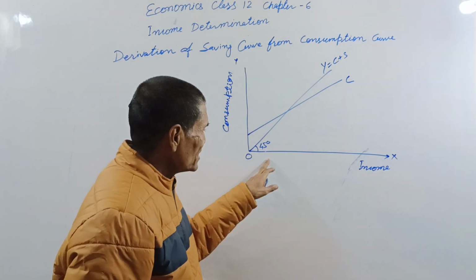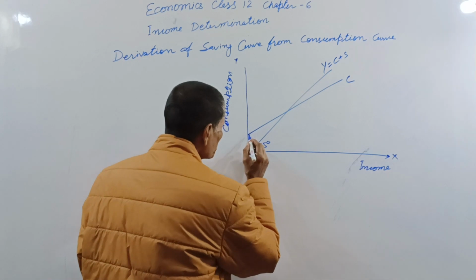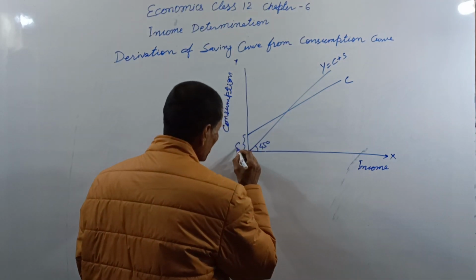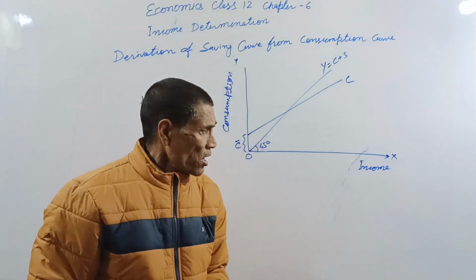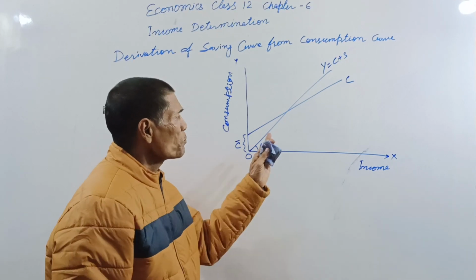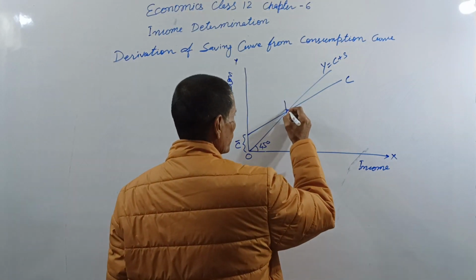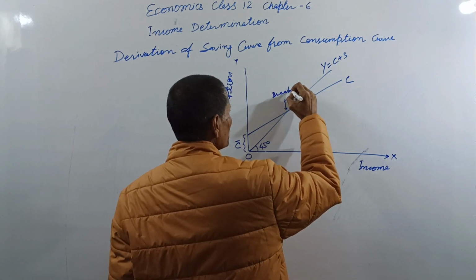Income we are measuring on the x-axis, and this part is, as we have discussed several times, autonomous consumption. Now two points, and this is the break-even point. Note down, these were already discussed.